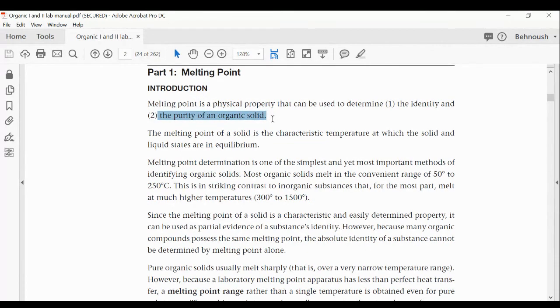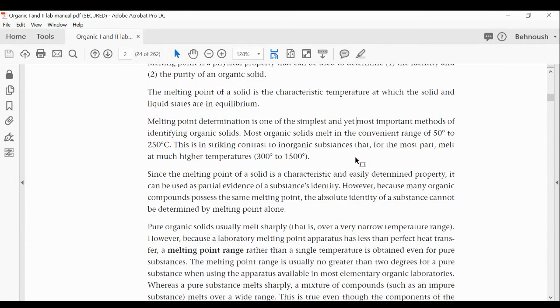Now, purity is determined by the range of the melting. If it's a wide range, that means your sample is not pure. If it is a sharp range of melting, then your sample is pure. Organic molecules melt at a relatively low temperature. So it's very versatile, and it's a very fast technique.